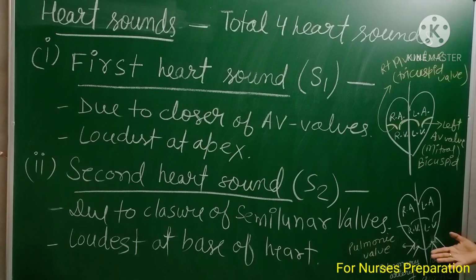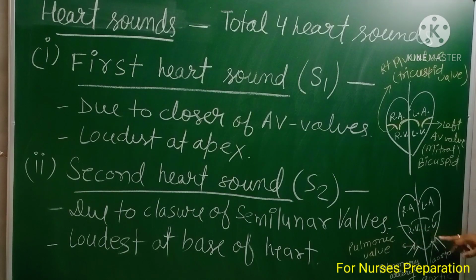Let's see the diagram. This is the rough diagram of the heart. This is the right atrium, this is the left atrium, this is the right ventricle and this is the left ventricle. From the right ventricle, the pulmonary arteries are connected. At their junction, valves are present. These valves are known as the pulmonic valve or pulmonic semilunar valve.